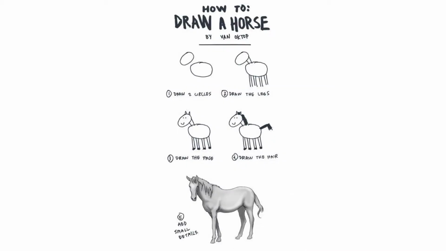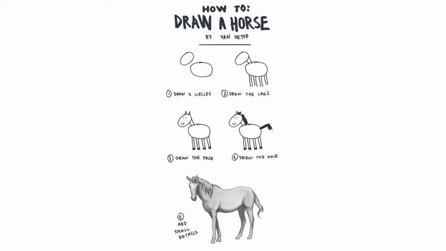So if you want to draw a horse, very, very simple, right? You draw a couple circles, so you draw the legs, then you draw a nice little face and the hair, and then you add some details, and then you have a horse, right? That's the situation where I can continue to find myself, where I could not really be precise enough with this documentation.